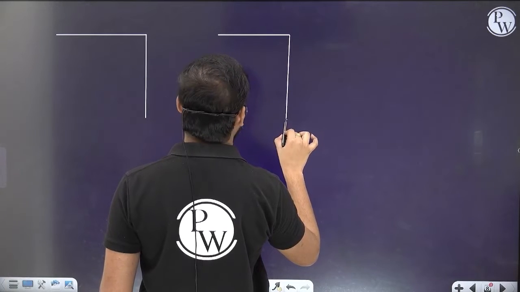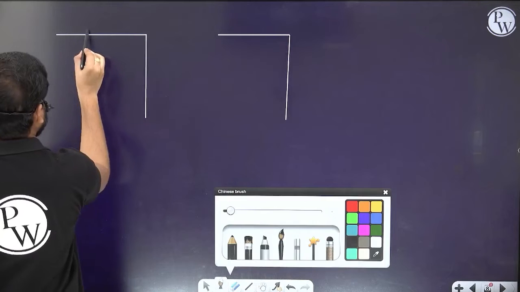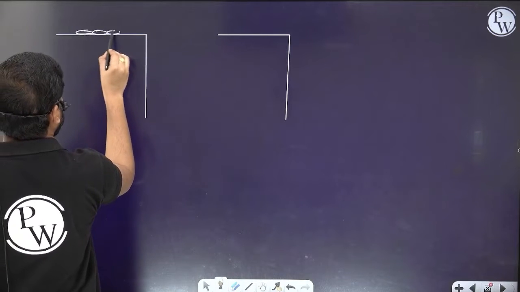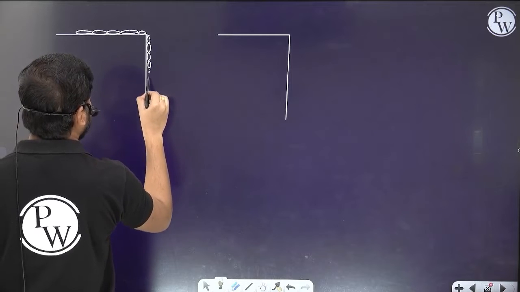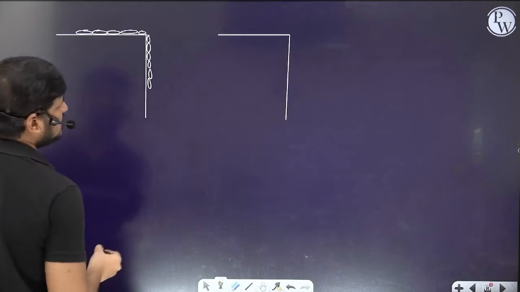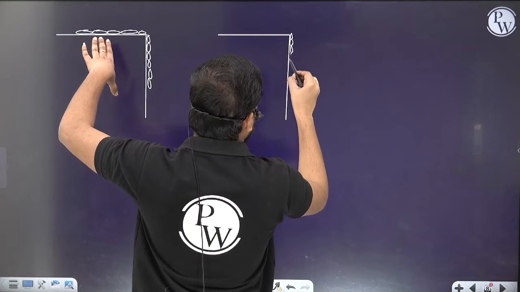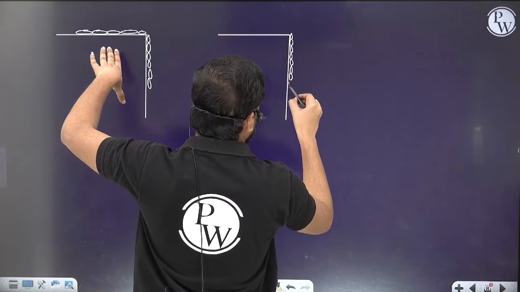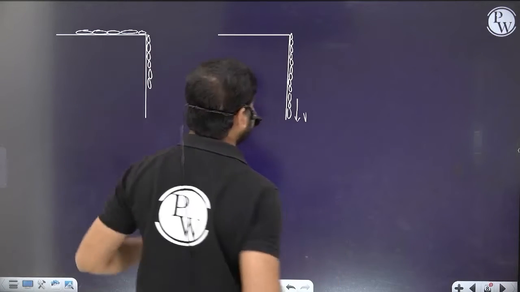Initially the chain is kept on the table in such a way that half of its length hangs like this, okay? And then finally it should leave the table completely. With what velocity does it leave the table?